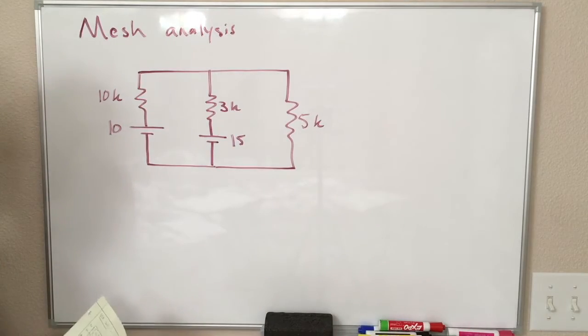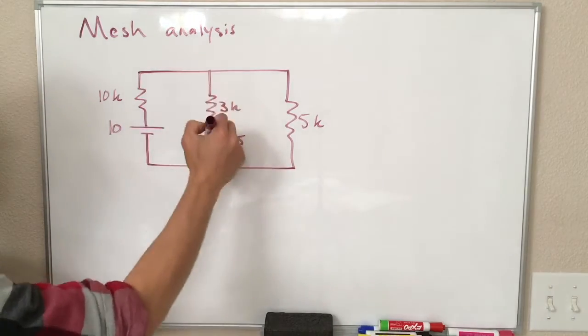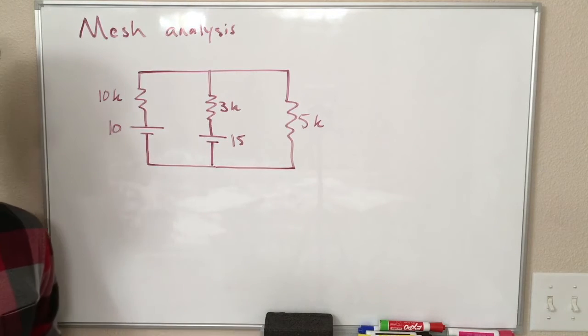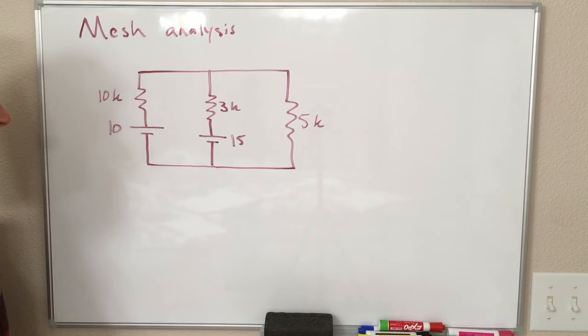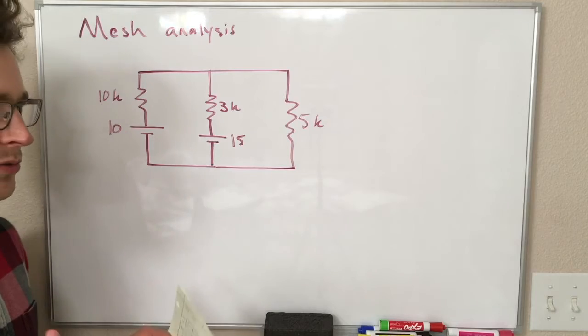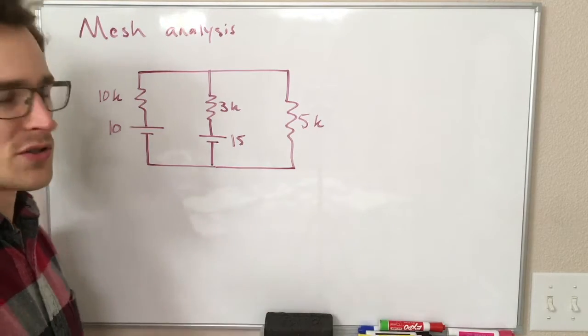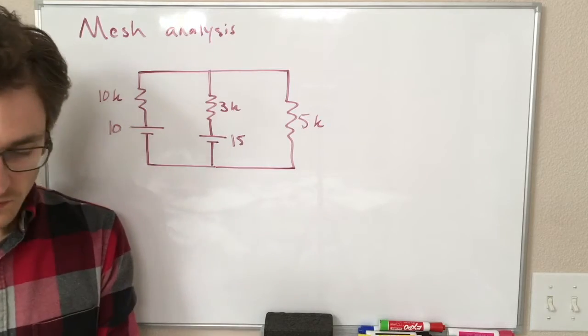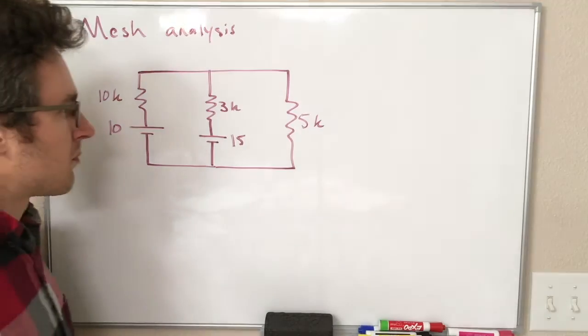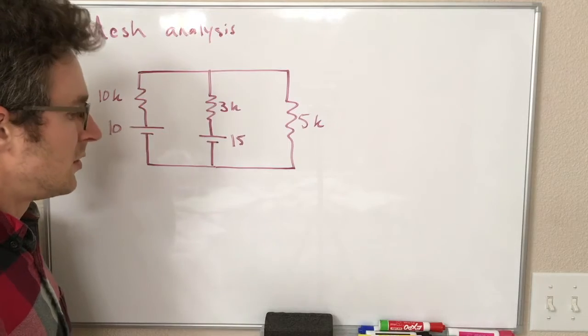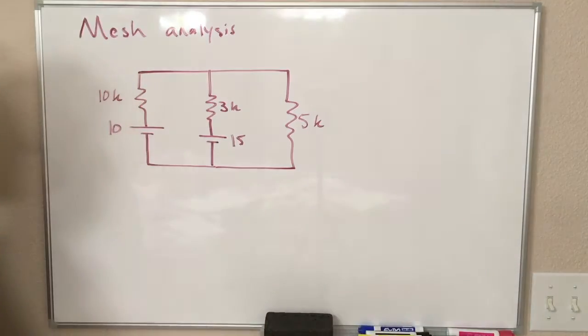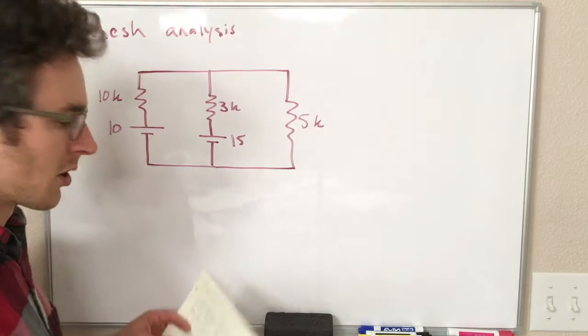Okay, so with our branch current analysis, we defined current values through each of these parts of the circuit and used those to make a combination of Kirchhoff's current laws and voltage laws that gave us this system of equations that we could solve. Mesh analysis is basically exclusively using the voltage law, but we're still going to name some currents.